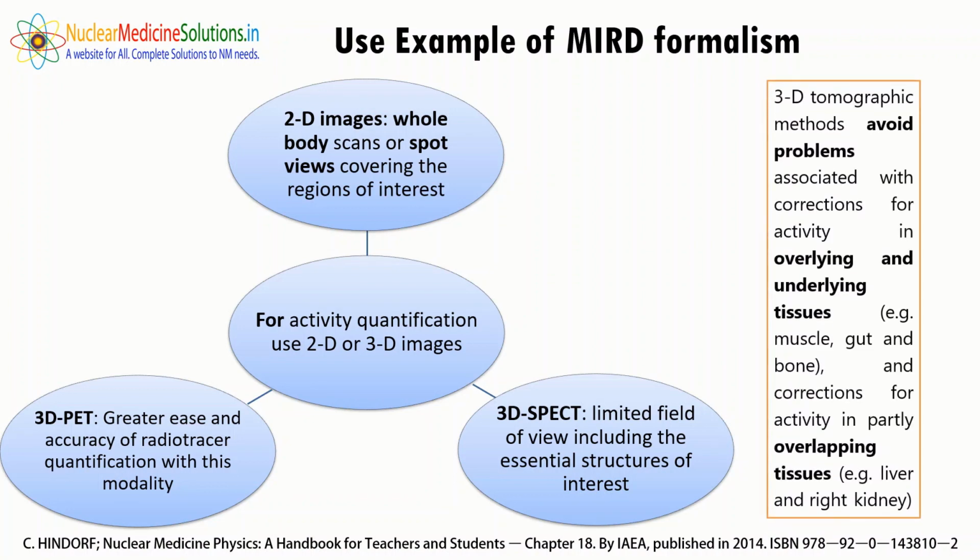And these 3D tomographic methods avoid problems associated with corrections for activity in overlying and underlying tissues, for example muscle, gut and bones, and corrections for activity in partly overlapping tissues, for example liver and the right kidney.